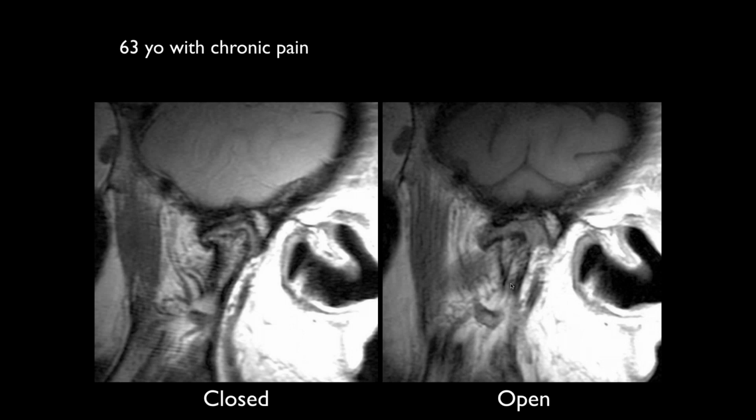Closed, open, it's not really moving much. I guess these are adhesions here. Part of the change. I see a little bit of motion here. Very abnormal arcuate eminence, which you need to comment on when you have this kind of degenerative disease. Large osteophyte, marked erosive changes, kind of bone-on-bone articulation. Again, degenerative disease.